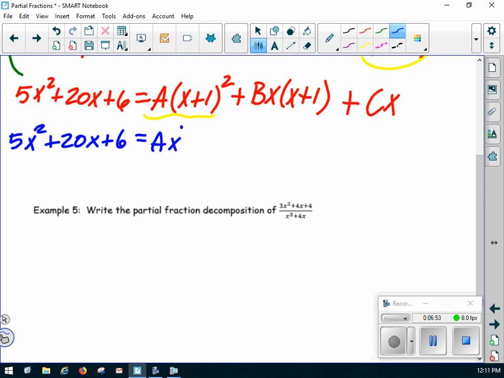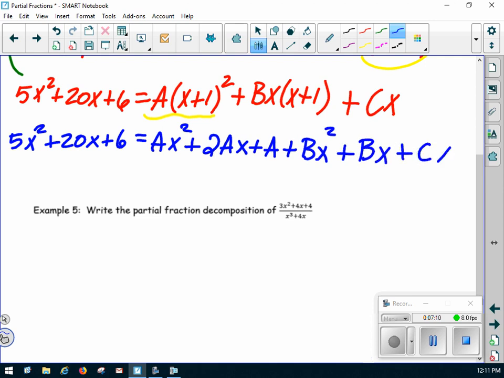Ax squared, 2ax, and then 1 times a. And then we distribute here. Do you remember what we did at this point?